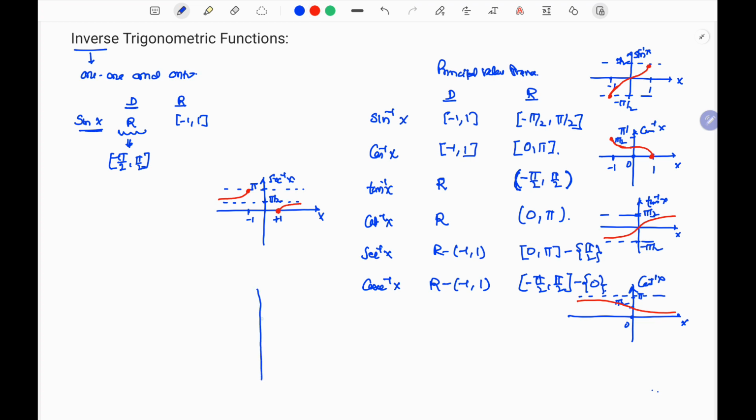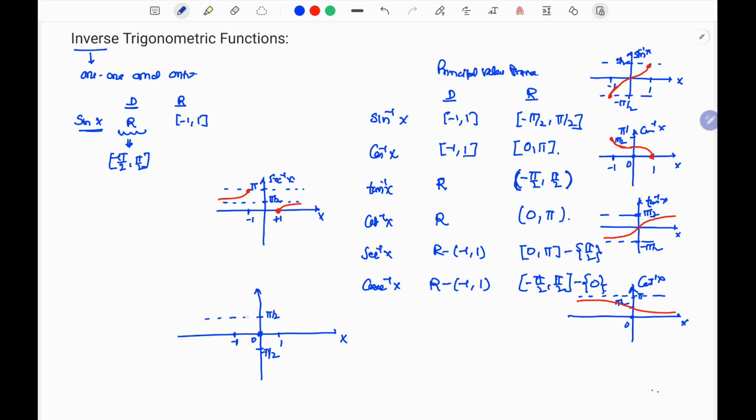To draw the graph of cosec inverse x, the domain is R minus (-1, 1), so we mark the points -1 and 1 on the x-axis. The value will not lie between -1 and 1, and its range is -pi/2 to pi/2, excluding 0.